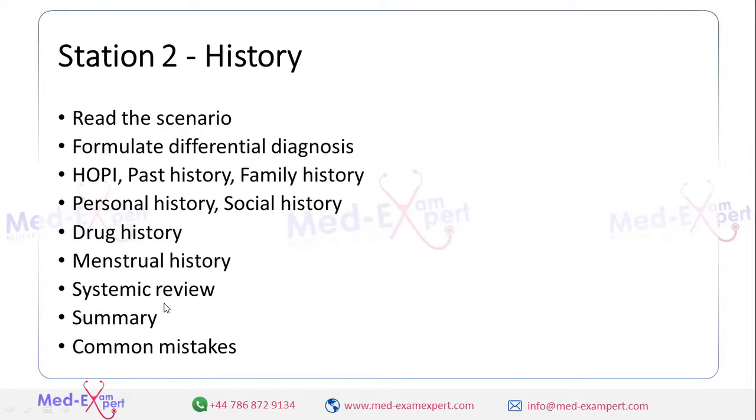A few things which are quite important in the history station, which are usually missed: you need to ask specifically about pets. You need to ask specifically about change in drug dosage or recent change in medications. You need to ask about driving in a patient who has a problem with vision. These are a few important specific questions depending on the case scenario.